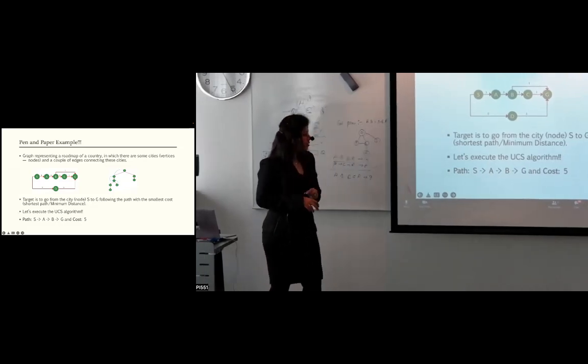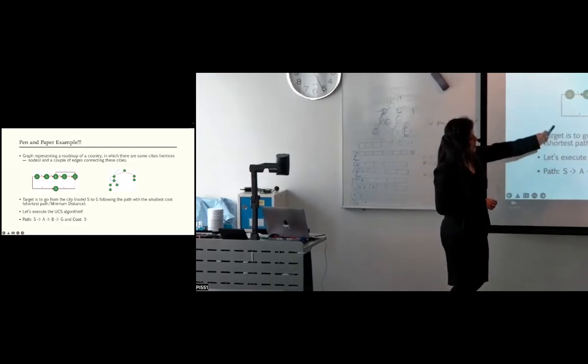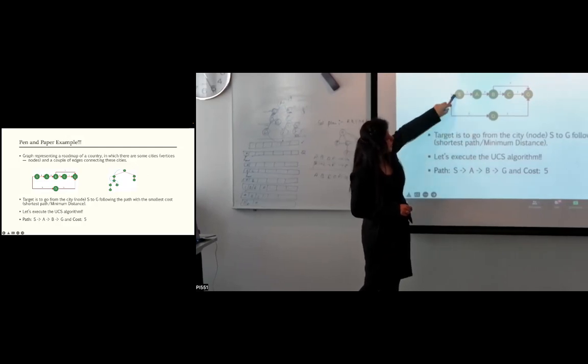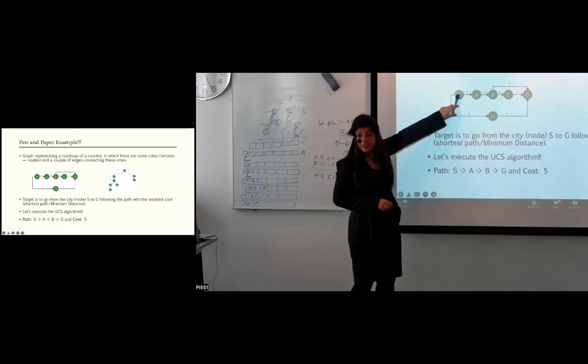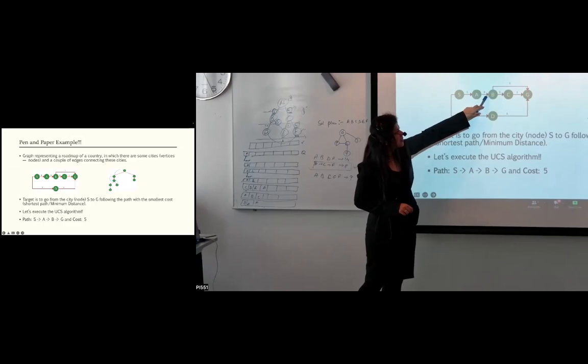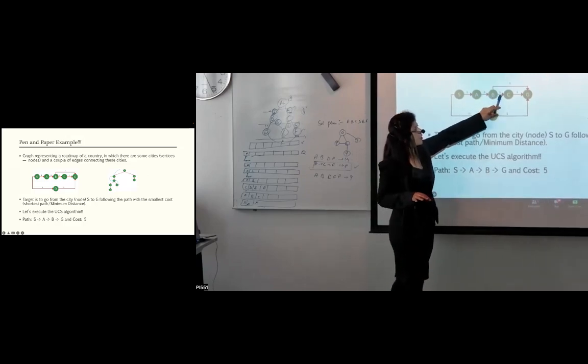So what would be the path you will follow? You will go either this or this. What would be the higher priority? A, and then B, straightforward. And what would you now select?